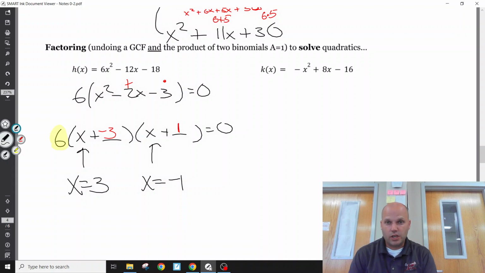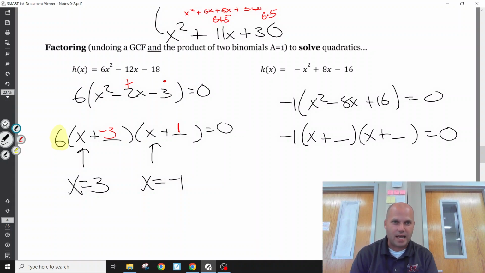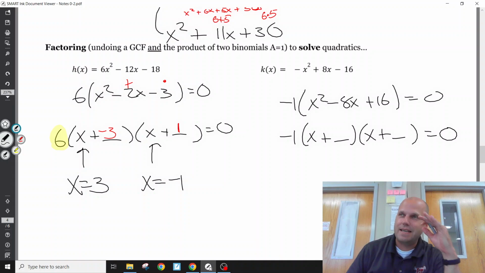Okay? This one, it's beneficial to factor out a -1 so that we can then factor x plus something times x plus something. I'll just give you a little piece of advice. A lot of you might think about dividing out 6 or dividing out a -1. We'd recommend not doing that.